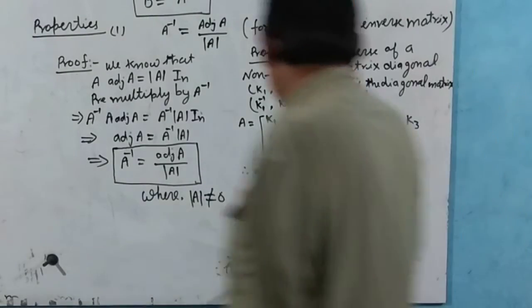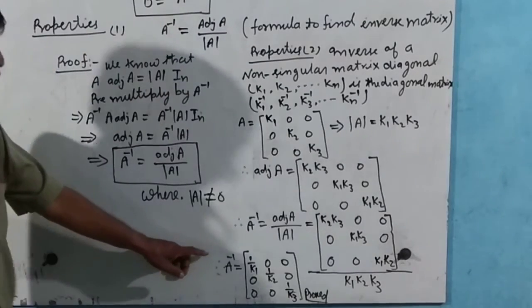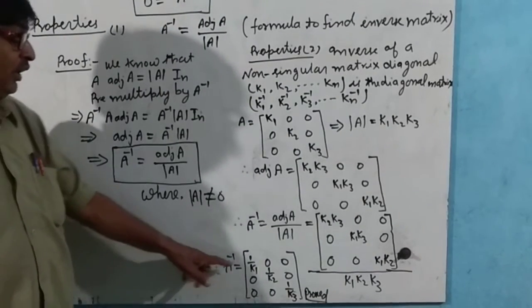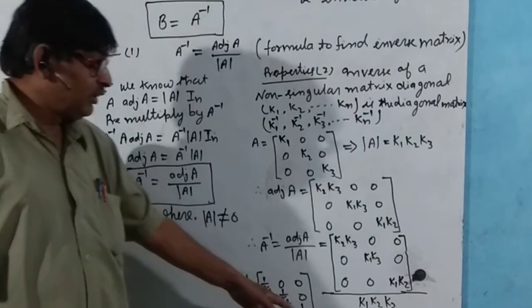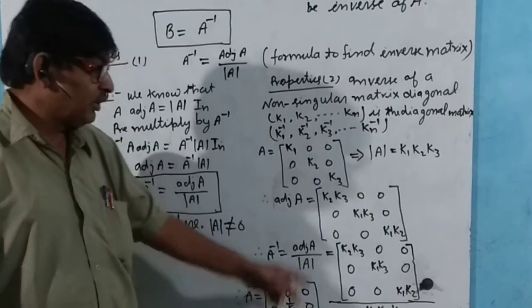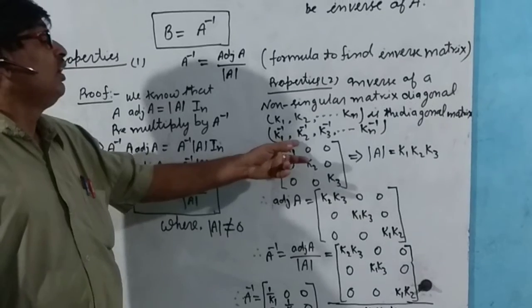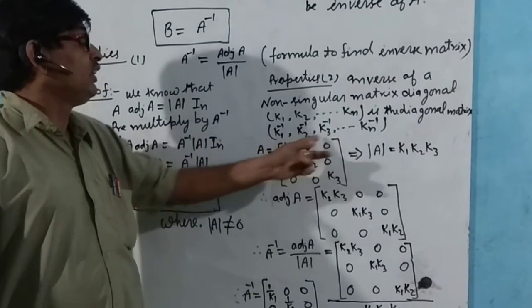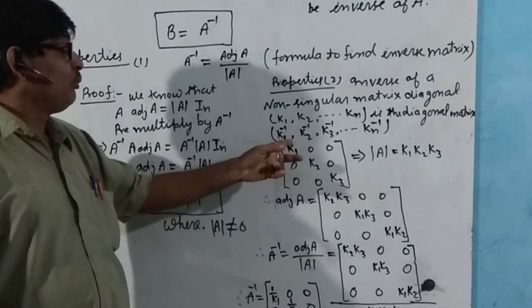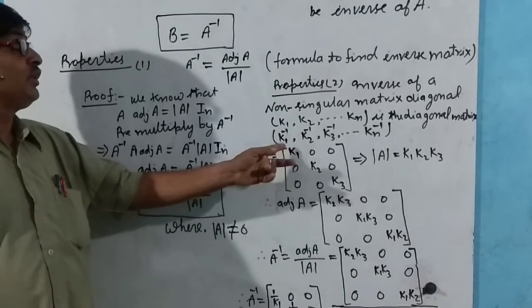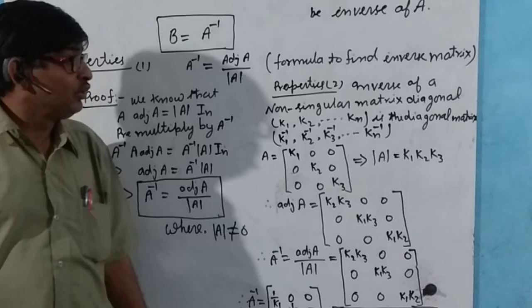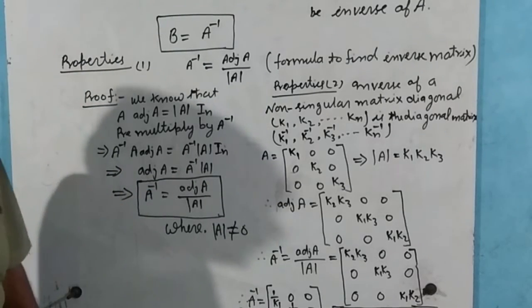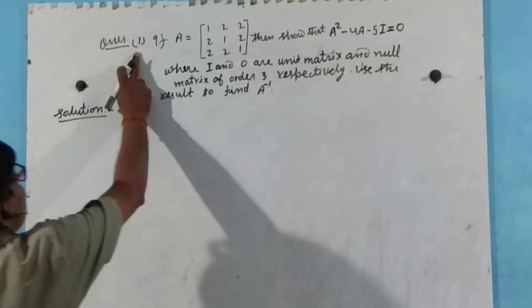Here we took a 3 cross 3 matrix, but for an n cross n matrix the diagonal elements are K1 inverse, K2 inverse, K3 inverse, up to Kn inverse. So that is property second.